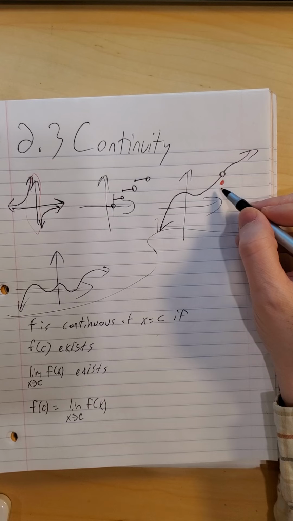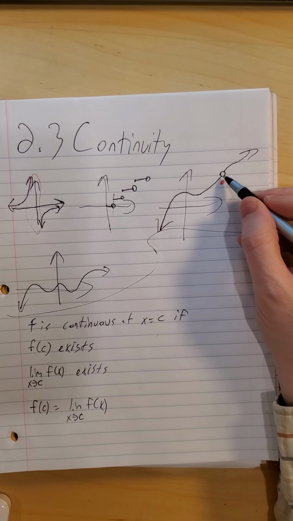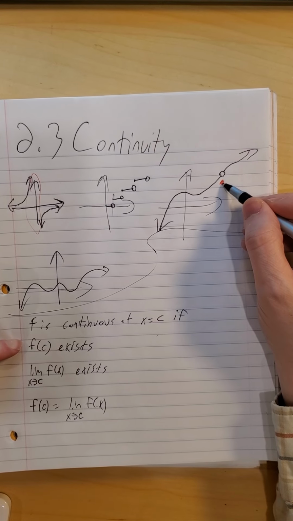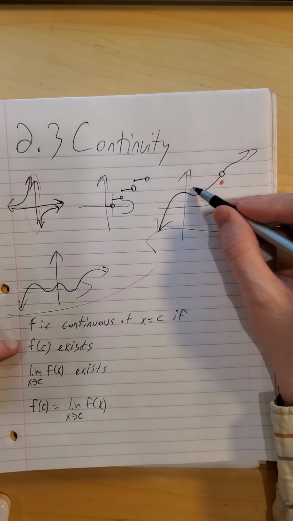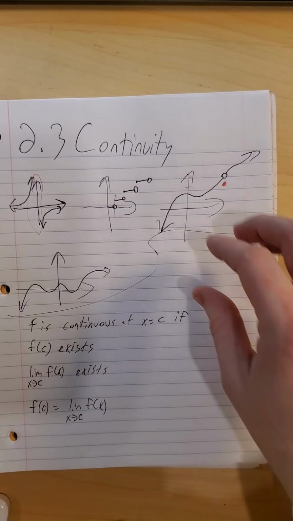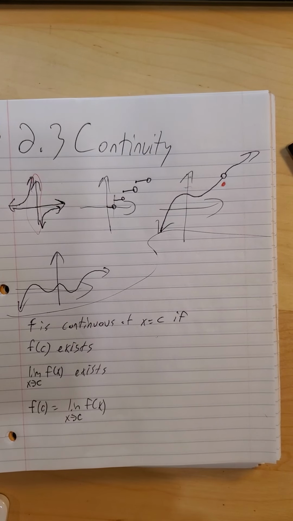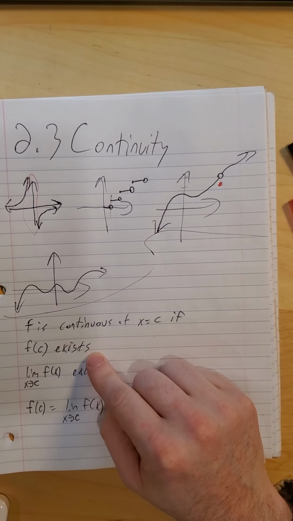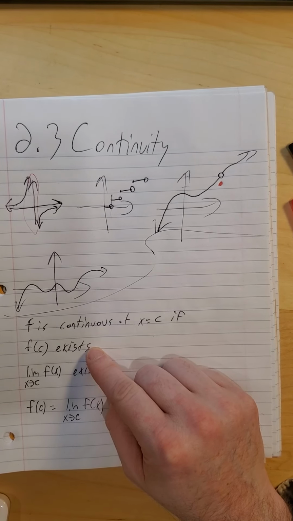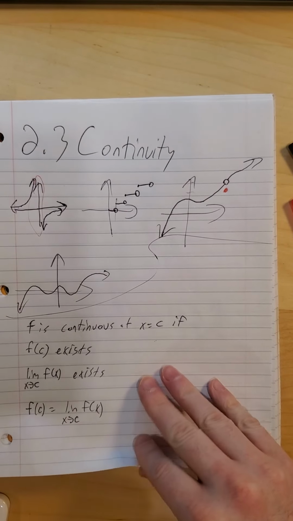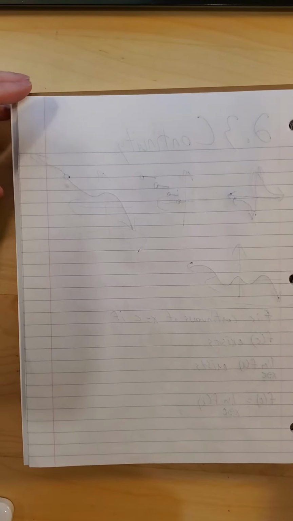Or in this third case, the limit exists and it has one value. The function has an output at that point, but it's a different value, so they don't match. So this one breaks the third rule. So we have to have an ordered pair at that x value. The limit has to exist, and those two values do have to agree. That is what would prove continuity at a certain point.